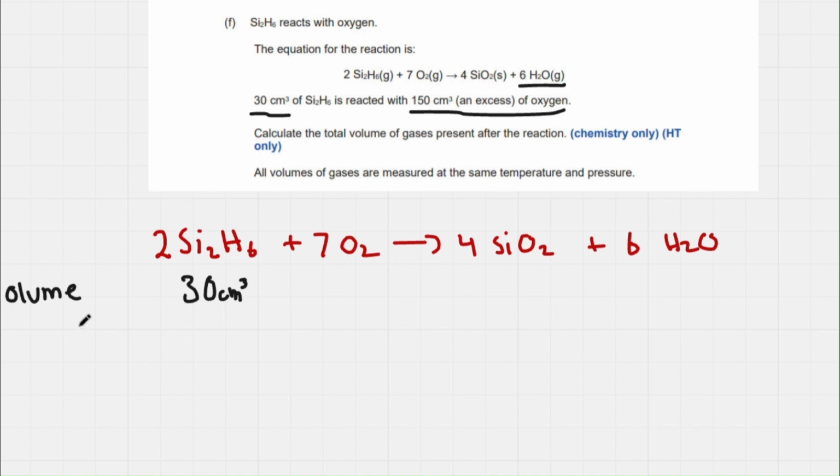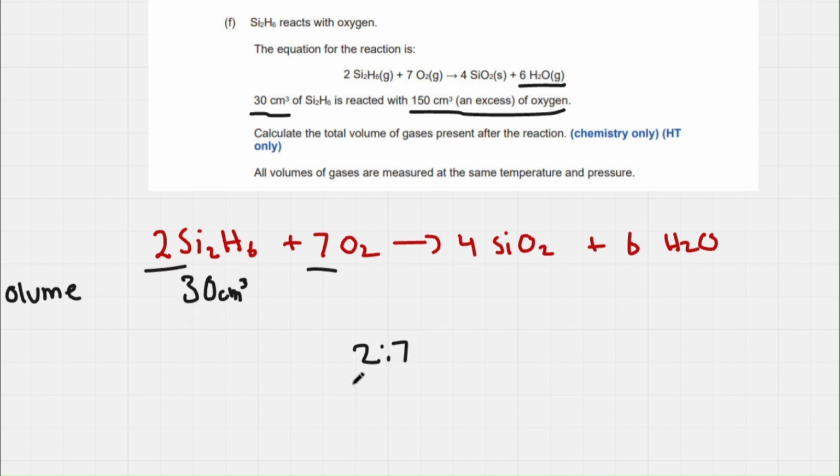So what we need to do is use ratio to find out how much of the oxygen is used in the reaction. The way we do that is we look at the ratio of the numbers before each element and compound. Before Si2H6, we have 2. Before oxygen, we have 7. That's in the ratio 2 to 7.